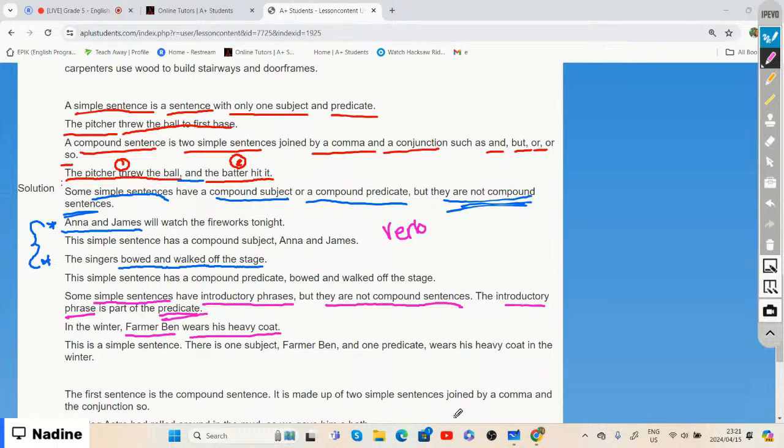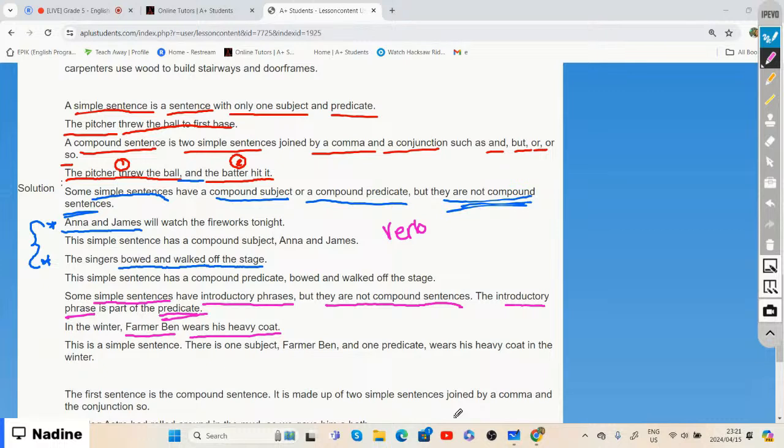Anybody else? Are you clear on what a simple sentence is, or should I explain again? A simple sentence has one subject and a predicate.